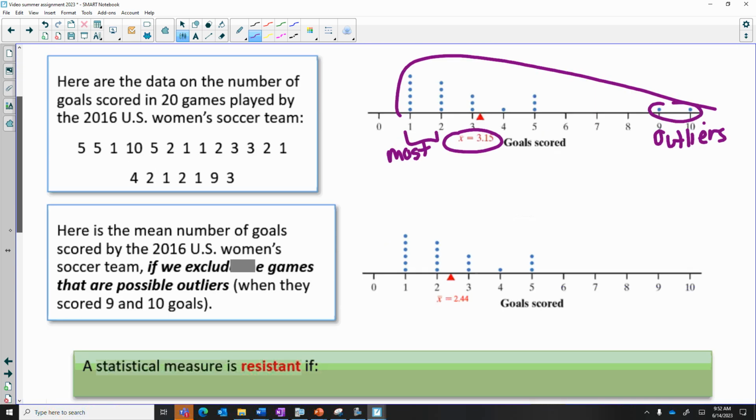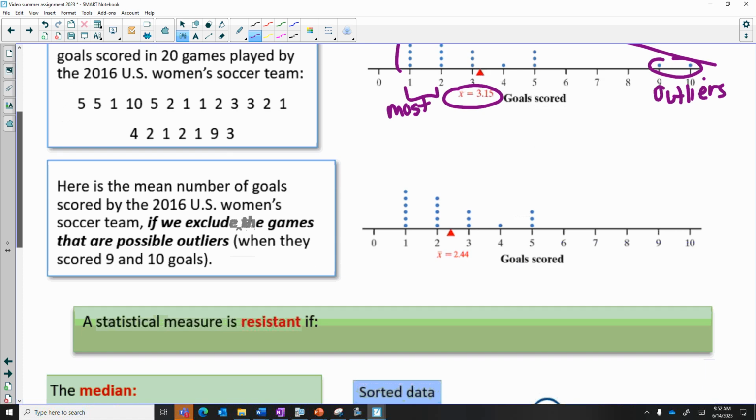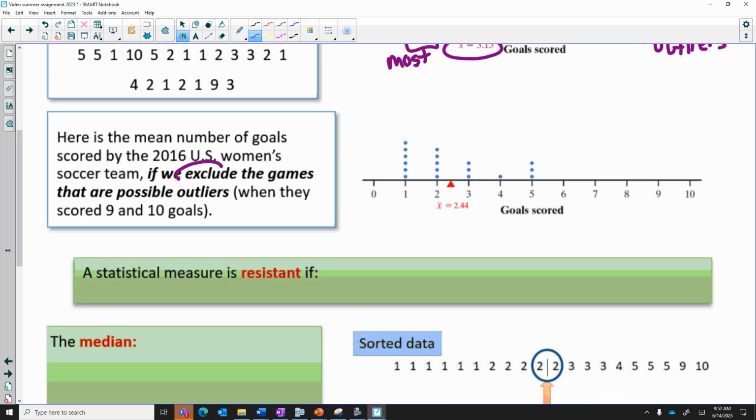Here is the mean number of goals if we excluded those outliers. If they took out the 9 and 10 goal games, look at what the new average is. Do you see it's 2.44? It's much less, and that's more representative of what they really do per game. They score about 2-ish goals per game.